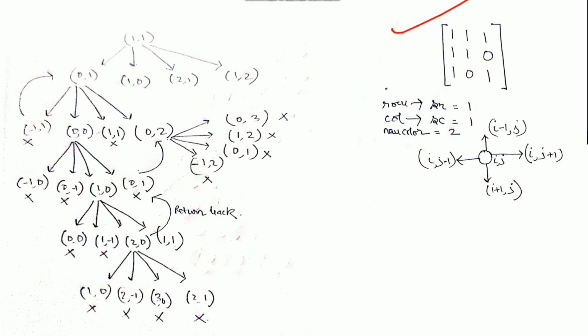Our input is an image having pixel values like 1 and 0. We will be given a starting row and starting column, that is the location from where we need to start filling the image portion with the new color having pixel value 2. Okay, so from a location i comma j we can move in the upward direction, that is i minus 1 comma j, in left, down and in right direction.